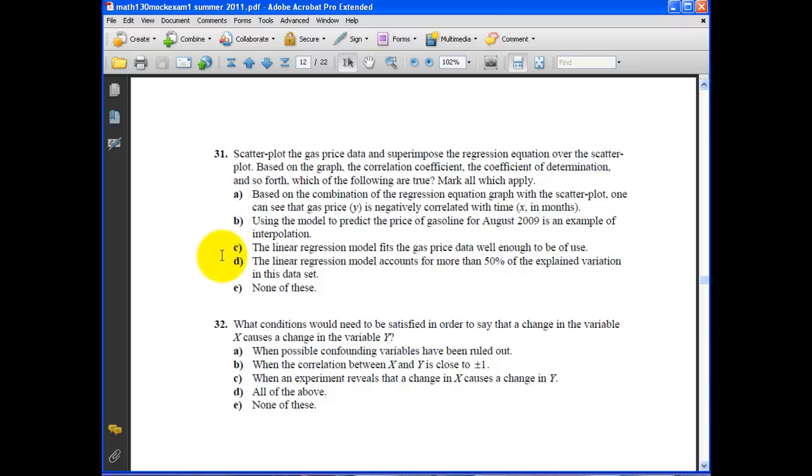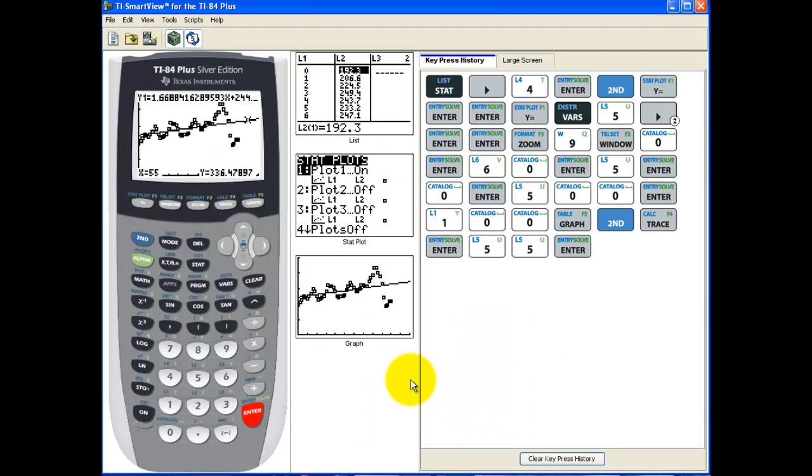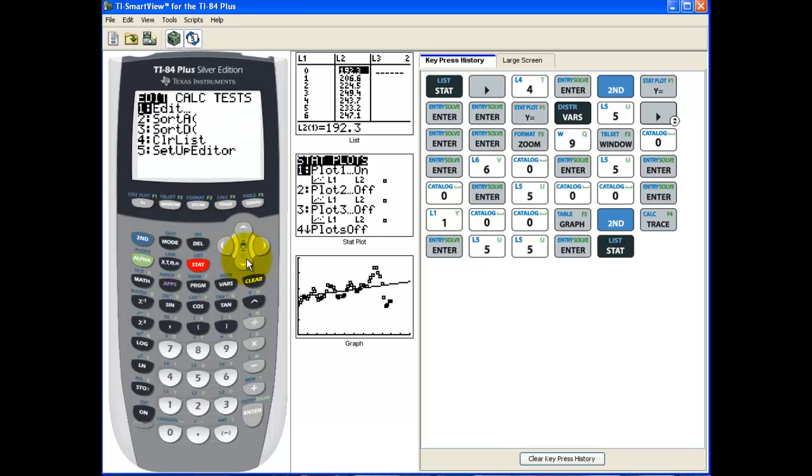B is false. Choice C says the linear regression model fits the gas price data well enough to be of use. Does it really? Let's take a look again here. If you look at the picture, you can see that actually it doesn't. The data is oscillating quite a bit, and in particular when you look at the correlation coefficient, let's go back and get that again.